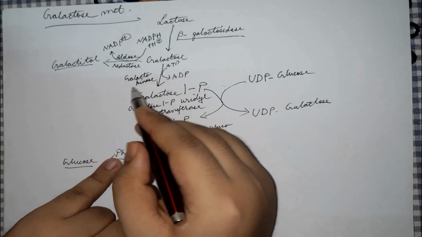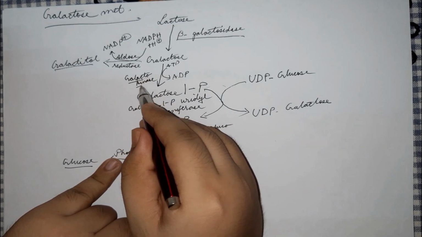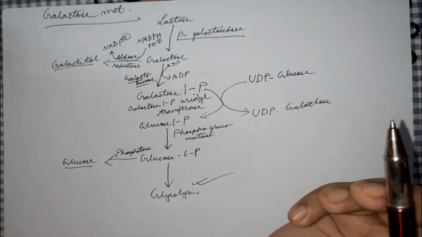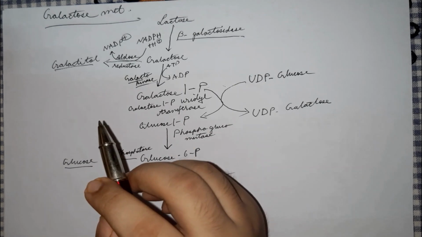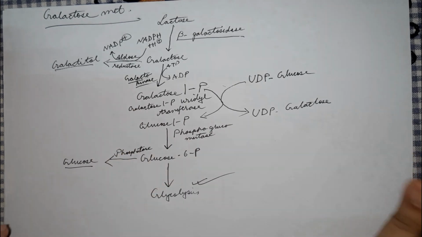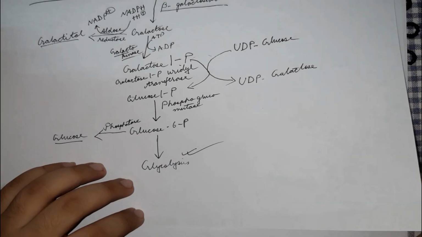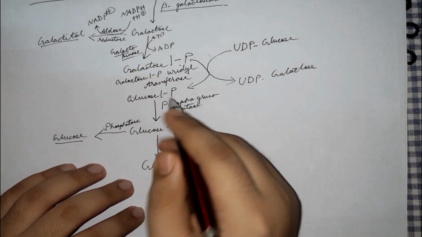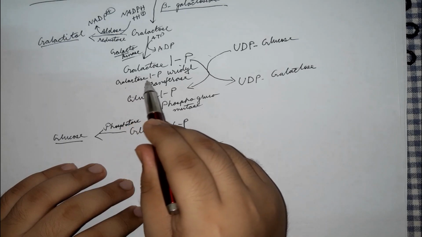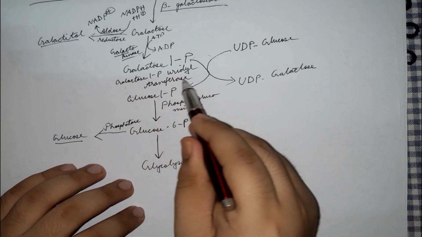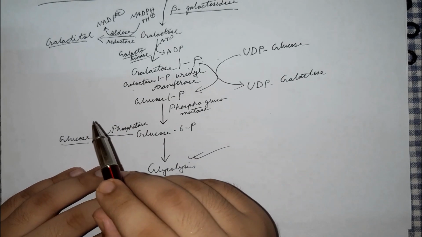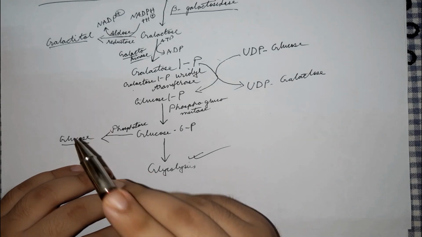Now, if galactokinase is deficient, we get a condition known as non-classical galactosemia. Whereas if the next enzyme, galactose 1-phosphate uridyl transferase, is deficient, we get classical galactosemia. So let's very quickly talk about these conditions.